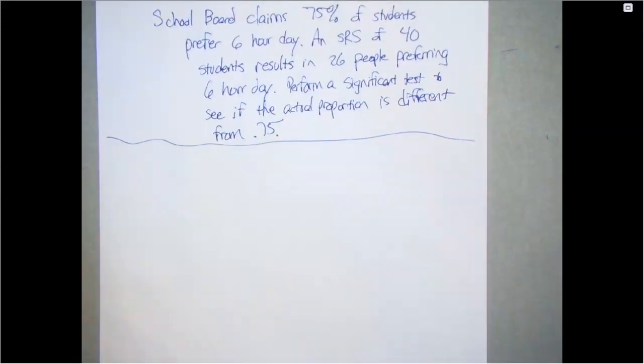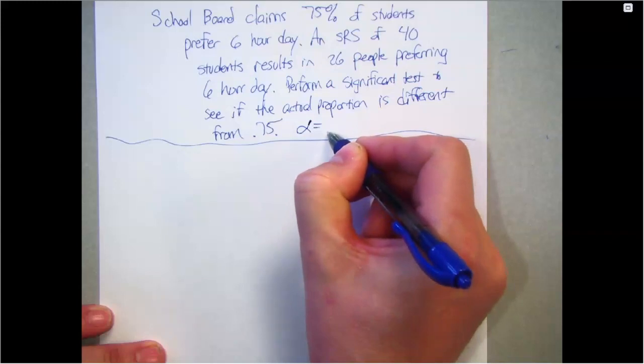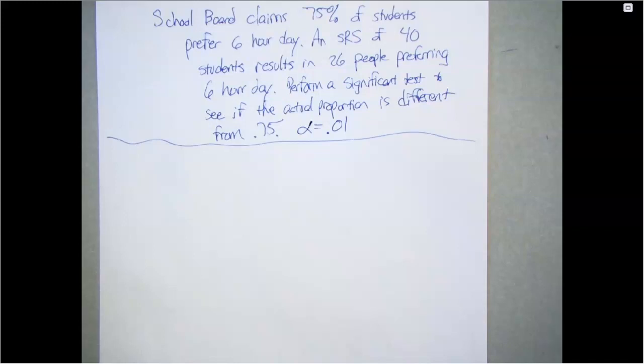I'll give you some time to work on that. I'll write it up. Alpha equals 0.01. Get your calculators out too.